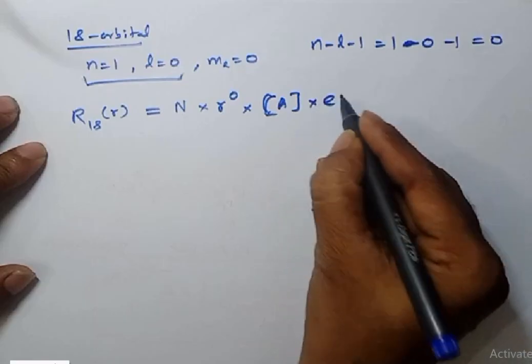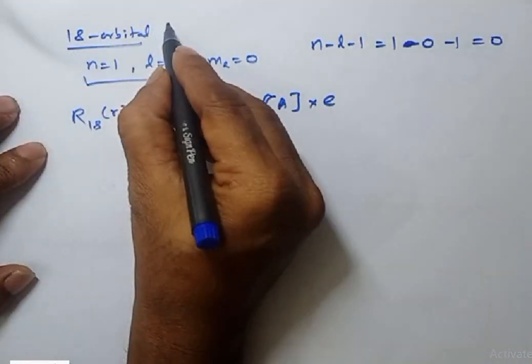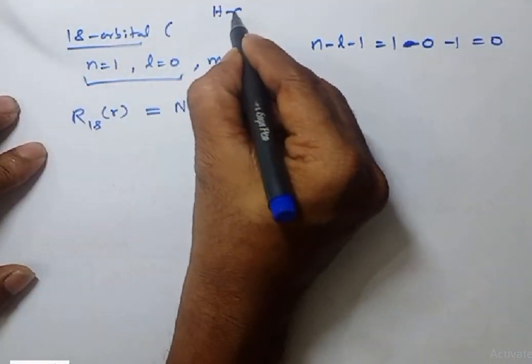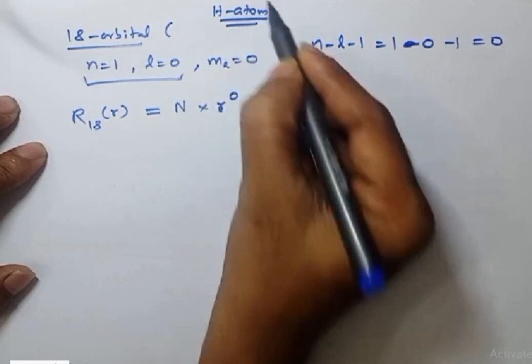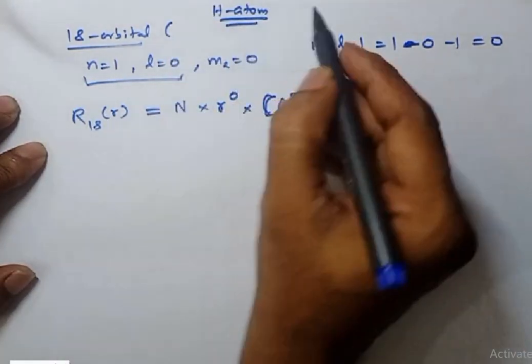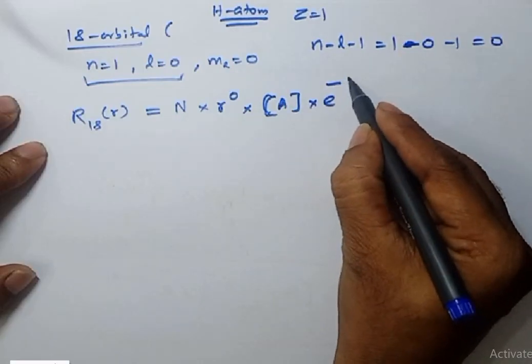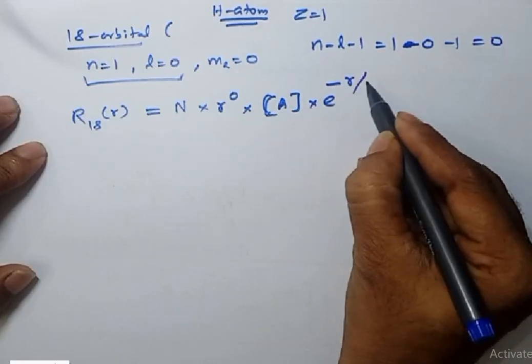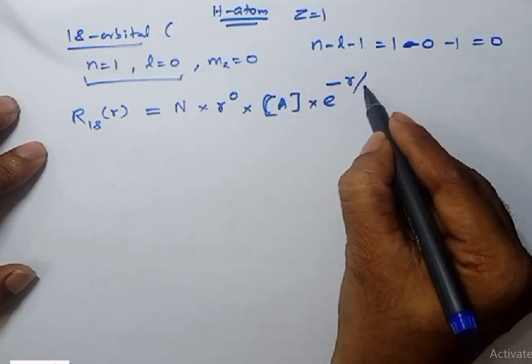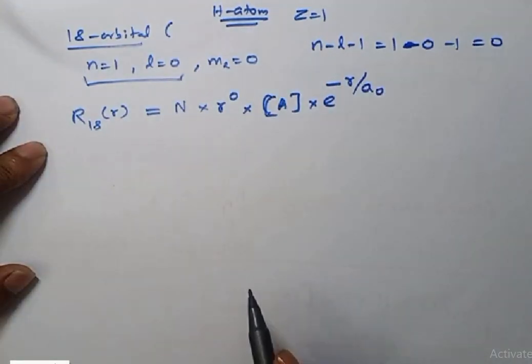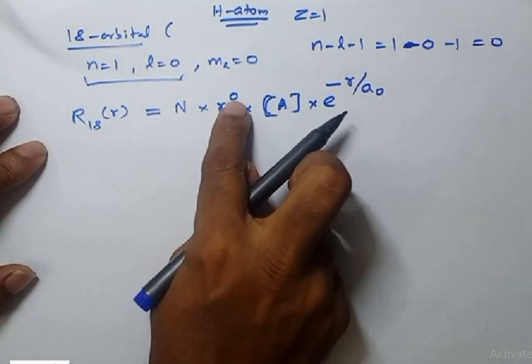Then e to the power, since we are writing the 1s orbital wave function for the hydrogen atom, our focus is on the hydrogen atom. In the case of hydrogen atom, Z value is 1. So e to the power minus Z into r, Z is 1, by n value 1, into a naught. R to the power 0, anything to the power 0 is 1.